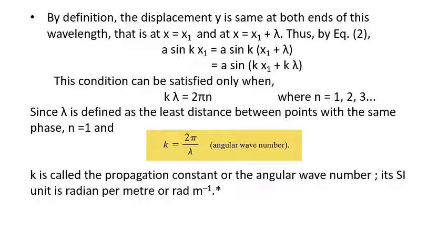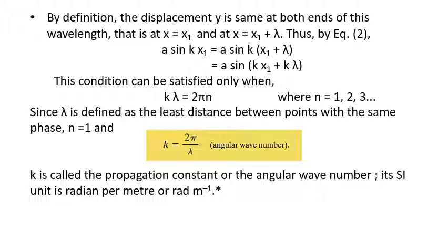That is, at x equals x1 and at x equals x1 plus lambda. From equation 2, you will get a sin(kx1) equals a sin(kx1 plus k lambda). And this equation will be satisfied only when k lambda equals 2 n pi, where the value of n varies from 1, 2, 3 and so on.